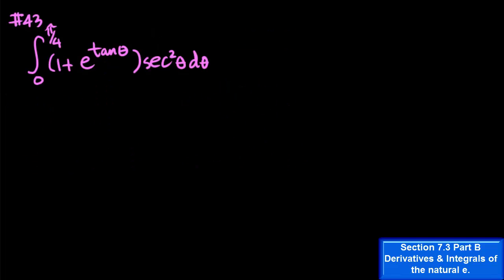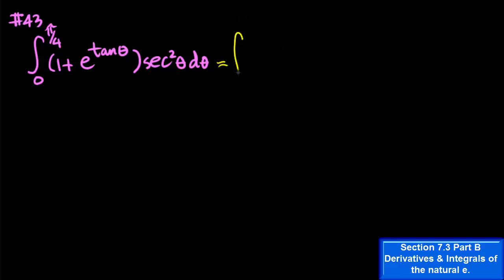Wow, what is this? It's got secant squared theta d theta. What do you think? Well, obviously this looks like a derivative of something. So what is that something? That turns out to be your u. So first of all, what we need to do is break this into two integrals.